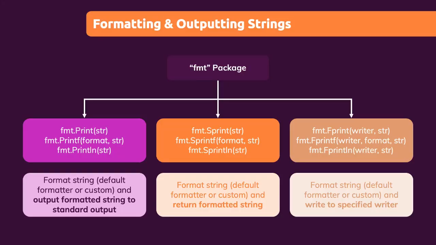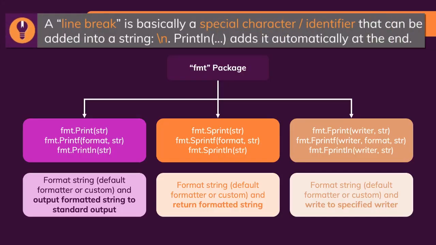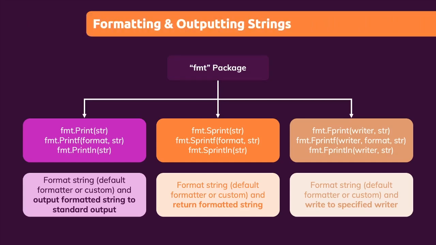If you just use print, that would not be the case. There would be no line break added into the formatted string. With println it is. But especially powerful are the printf, sprintf, and fprintf functions here, because they give you full control over how a string should be formatted. And let me show you what I mean and how that works.